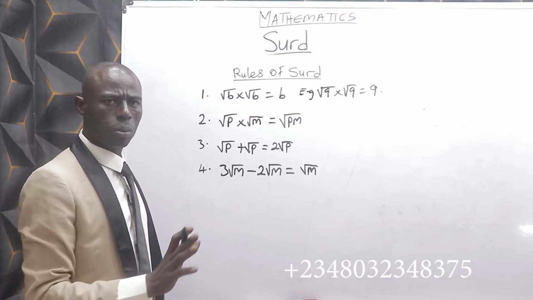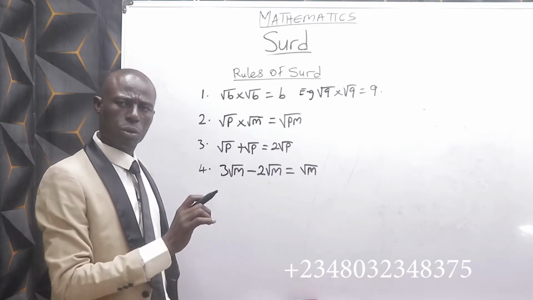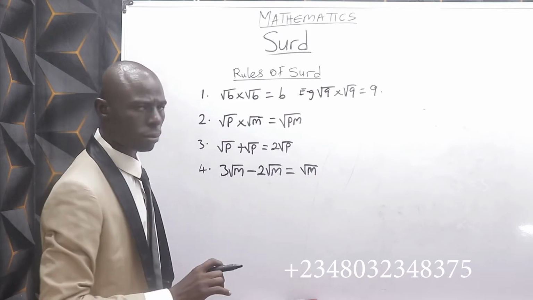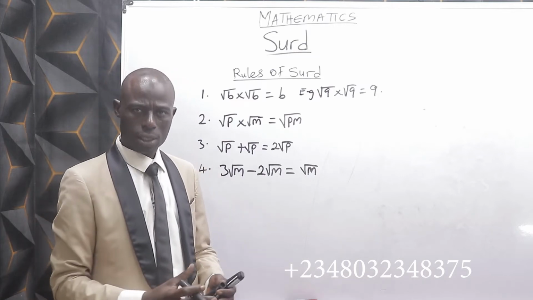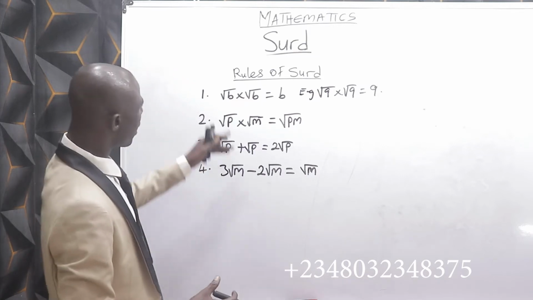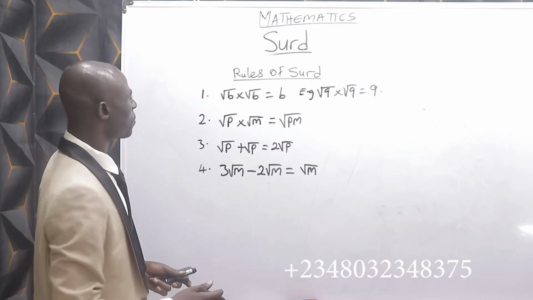There is not much to that. If you have root 2 times root 2, the result is 2. When you multiply 2 like surds together, you get the value under the square root as your answer.